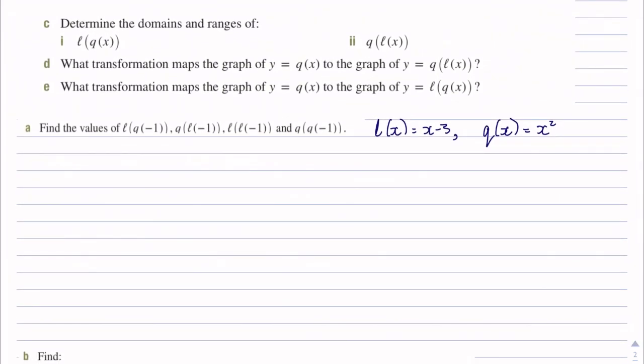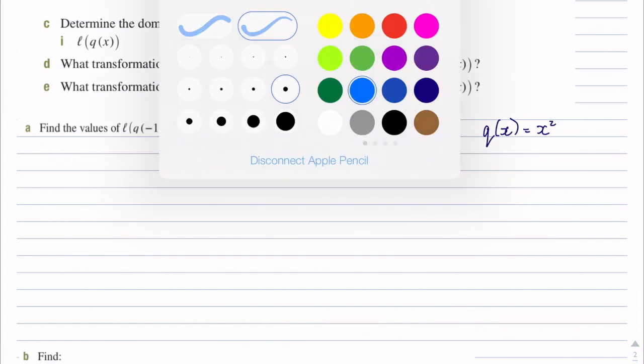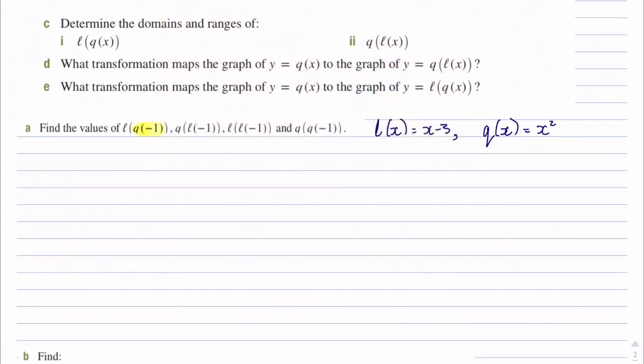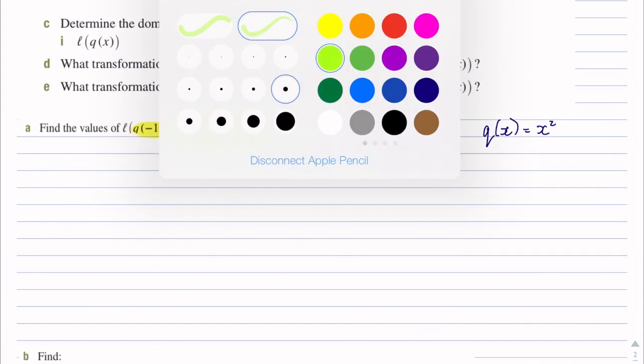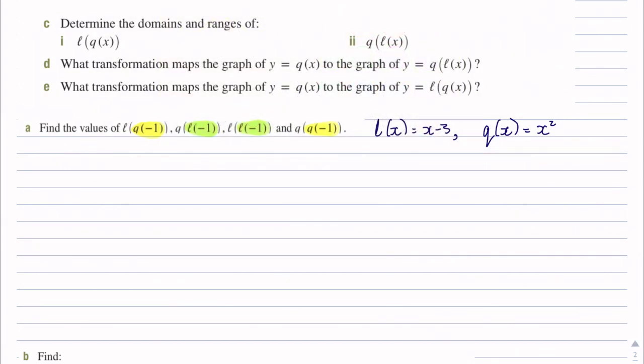Okay, so this one asks for L of Q of minus 1. We've got Q of L of minus 1, we've got L of minus 1, and we've got Q of Q of minus 1. So we should find Q of minus 1 and L of minus 1.